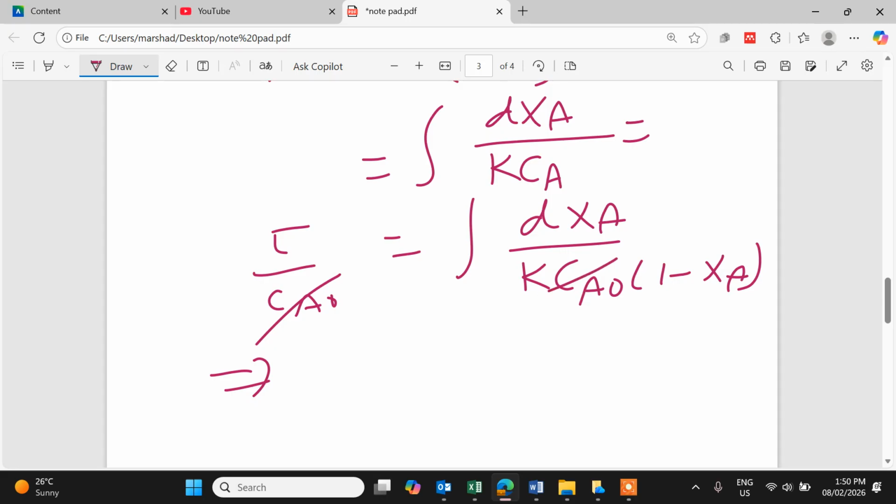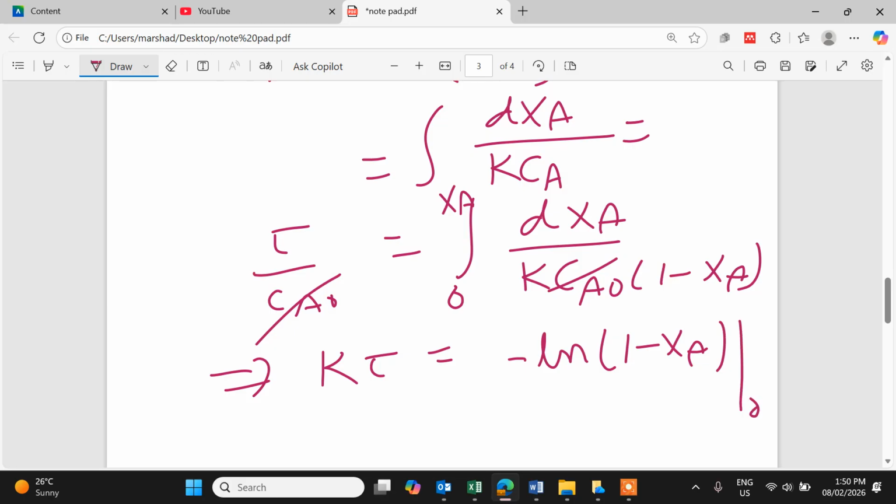K tau equals the integral from 0 to XA of dXA over (1 minus XA). So this will be minus ln(1 minus XA), from 0 to XA.